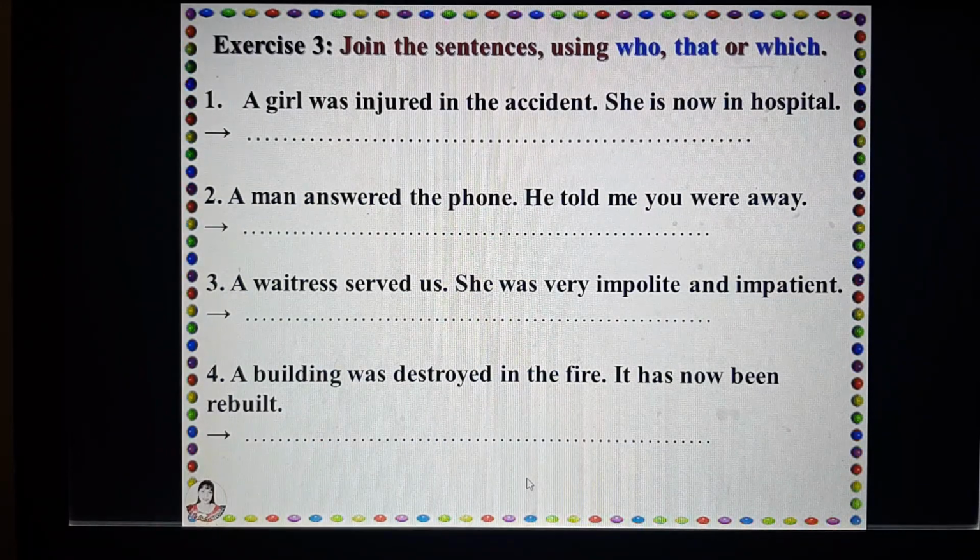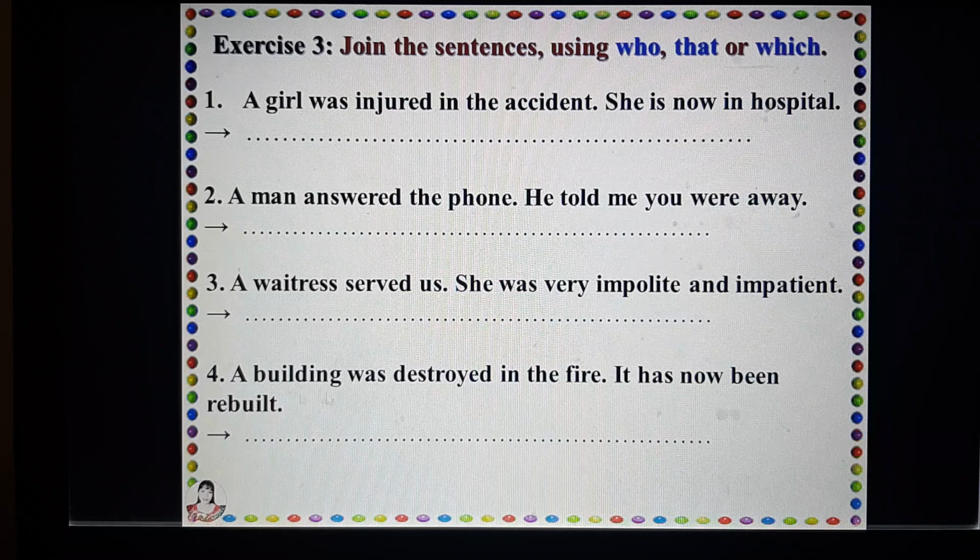Now exercise 3. Join the sentences using who, that, or which. Number 1. A girl was in the accident. She is now in hospital. A man answered the phone. He told me you were away. A waitress served us. She was very polite and impatient. A building was destroyed in the fire.